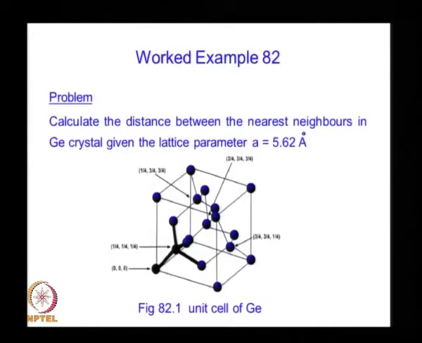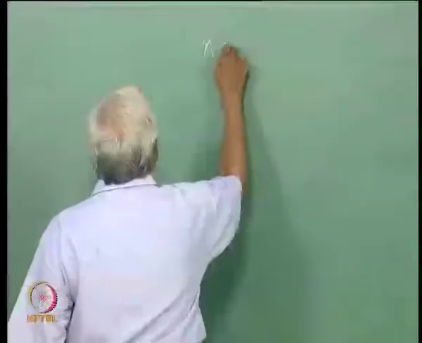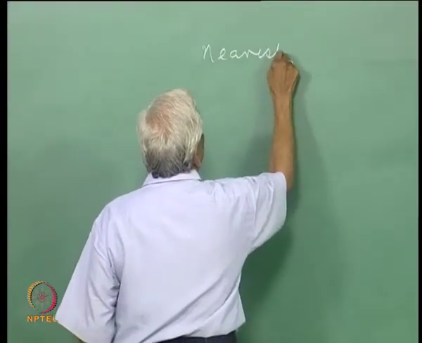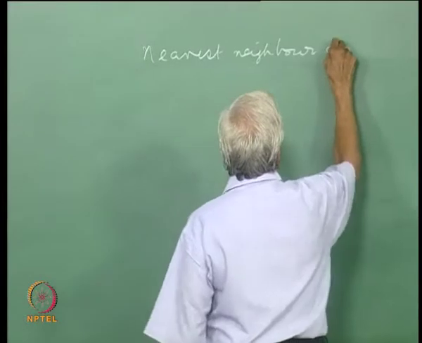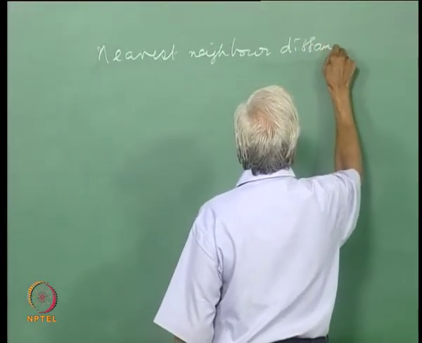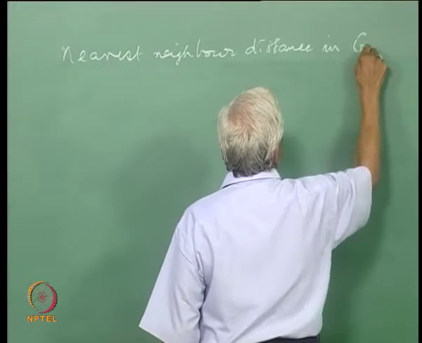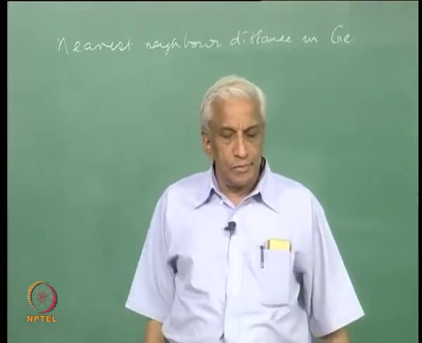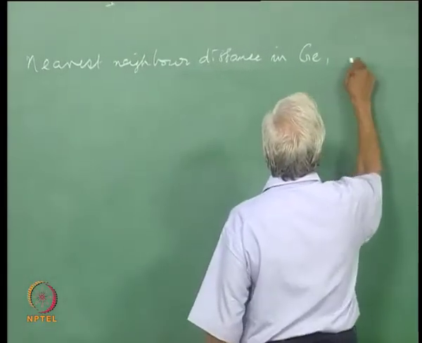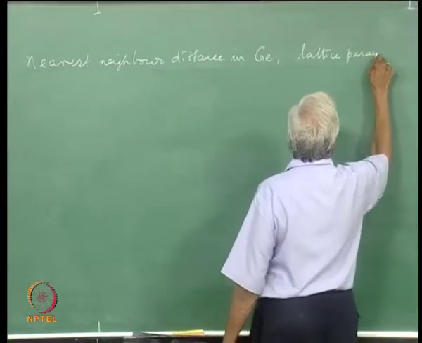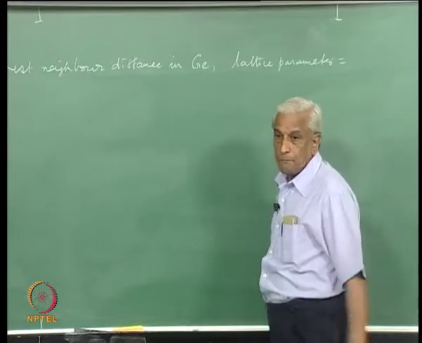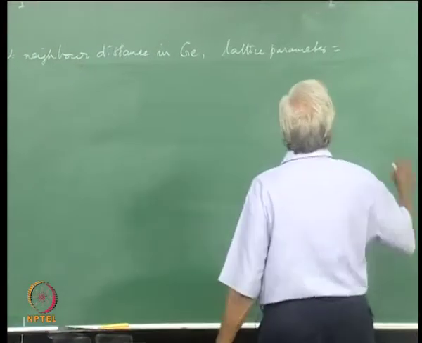The first problem concerns the calculation of the distance between near neighbors in a germanium crystal, whose lattice parameter is given as 5.62 angstroms.